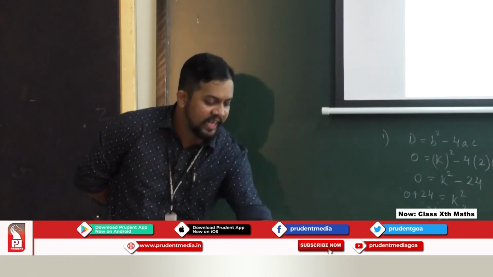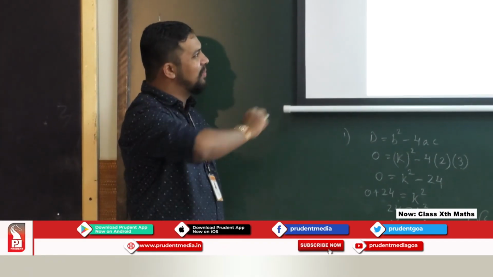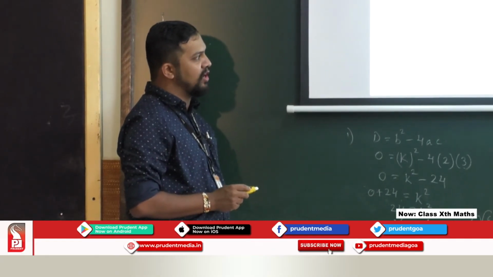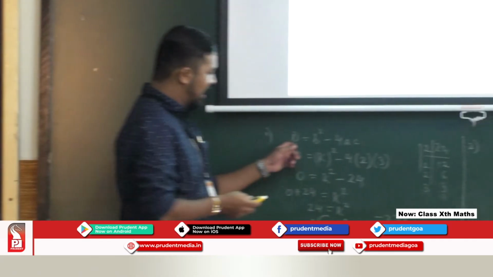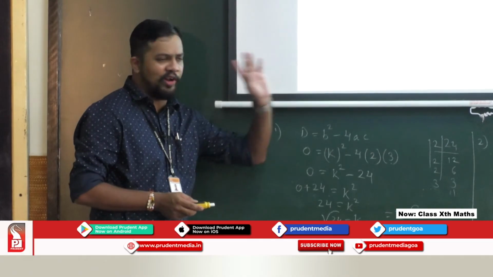Okay. Let us go to the second fill in the blanks. Direct question: the discriminant of the quadratic equation 3x square plus 7x plus 4 equal to 0. I will not write the formula. Formula is here only, see. d is equal to b square minus 4ac.